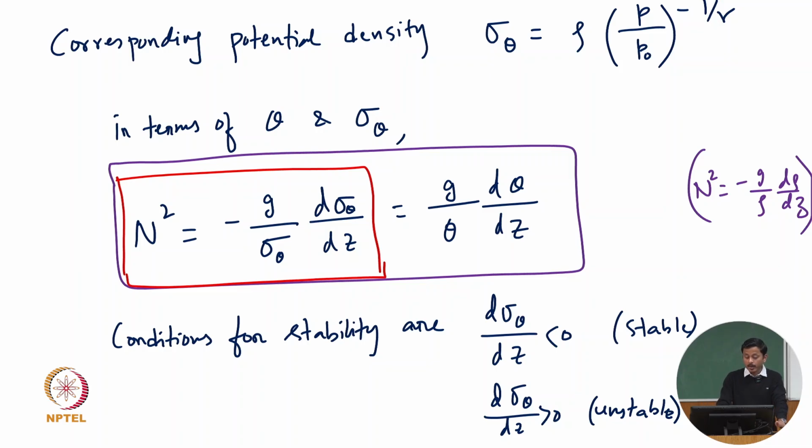You can think yourself why this is so, and this is exactly the same as what we discussed for the gradient of actual density in an incompressible medium. So now we are representing the same static stability condition for a compressible medium, but in terms of the potential density, because the potential density allows us to treat the fluid as incompressible. Of course, the fluid has not become incompressible, but this is just a mechanism for us to treat the compressible fluid.